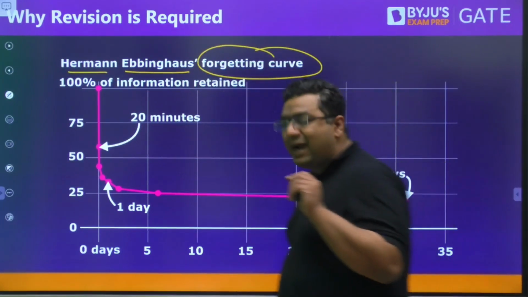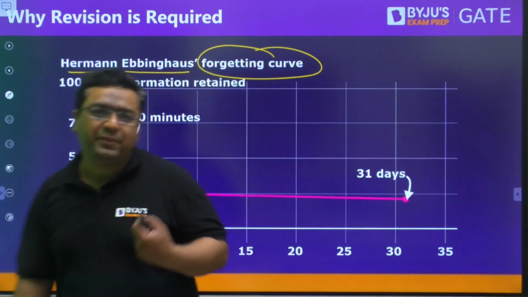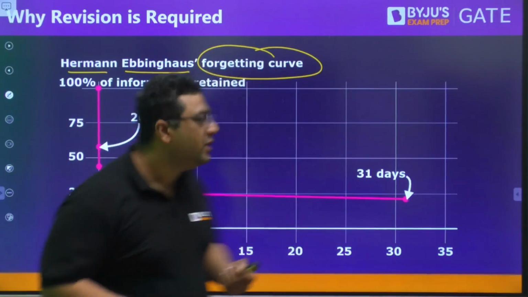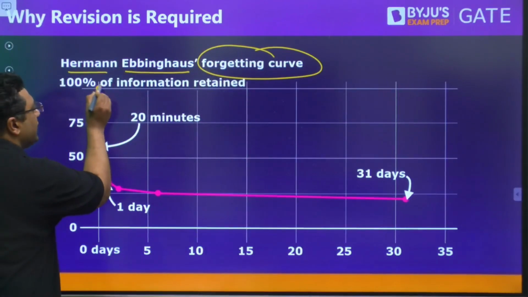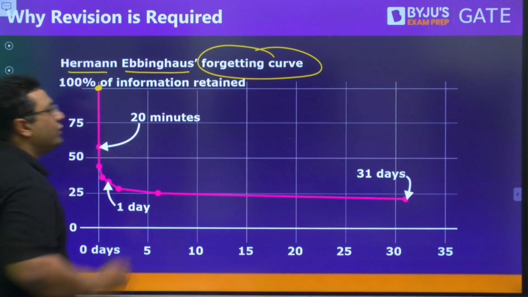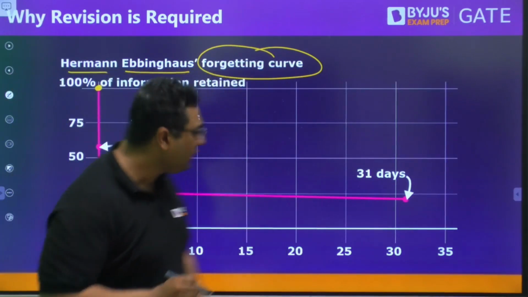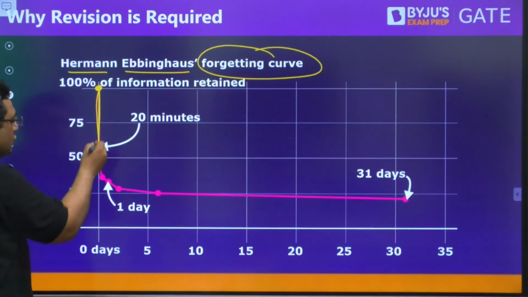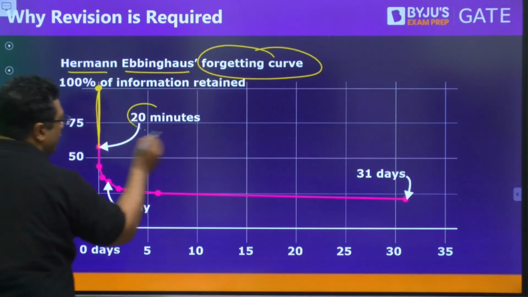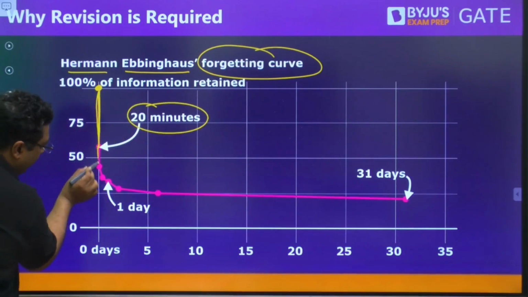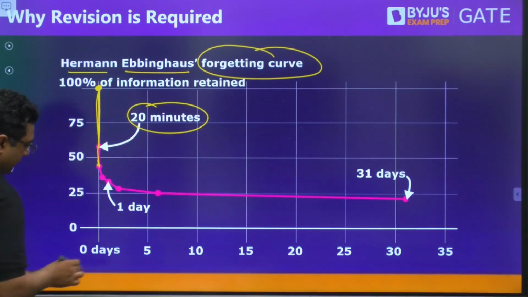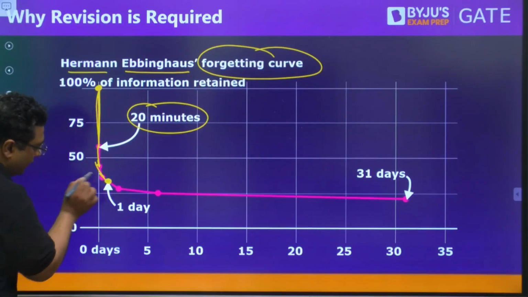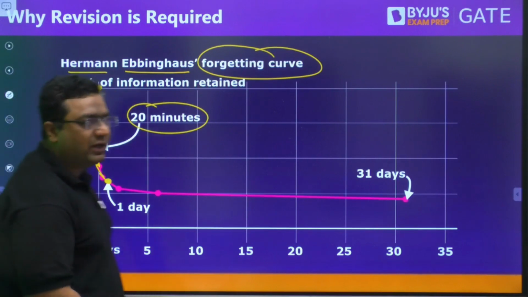This tells you that if you have some information, after how much time you are going to forget it. Let us say you just completed a lecture and you got 100% of the information. It will start reducing and reach around 60% within 20 minutes, then less than 50%, then around 30% within one day.